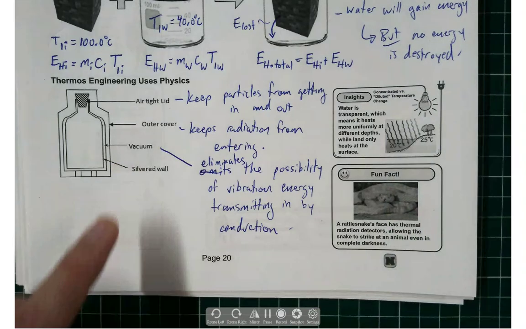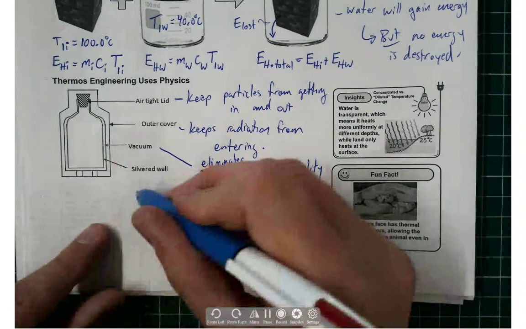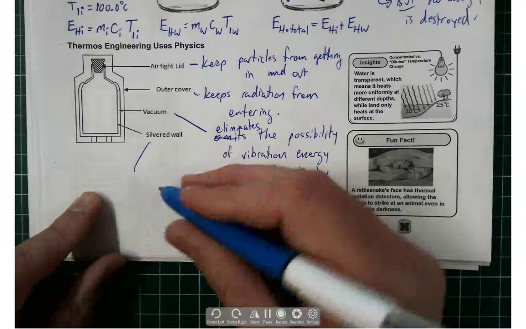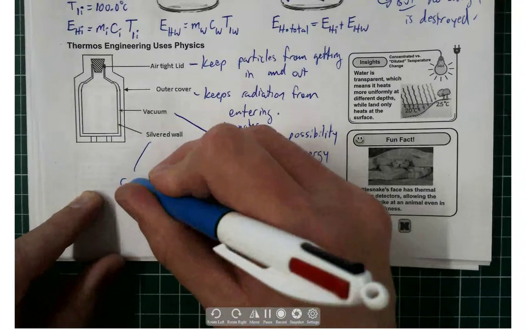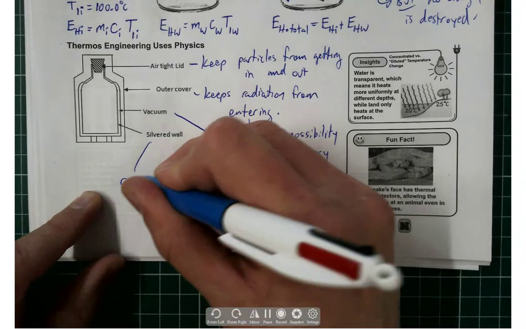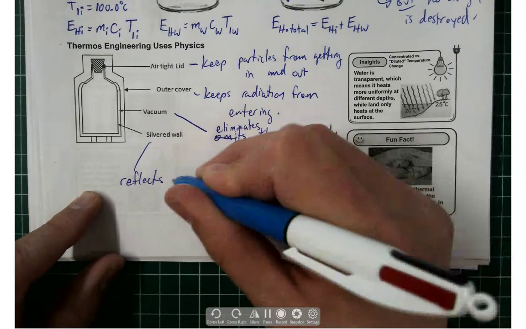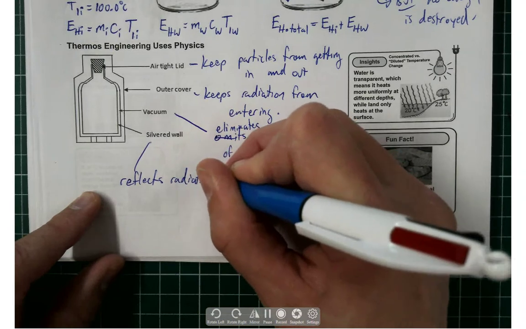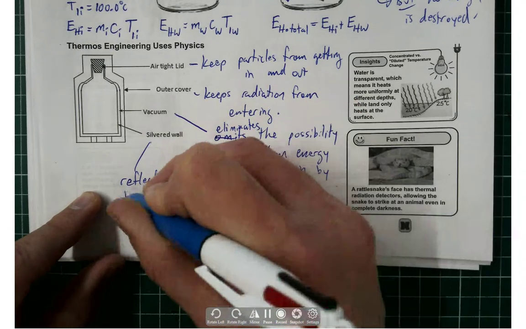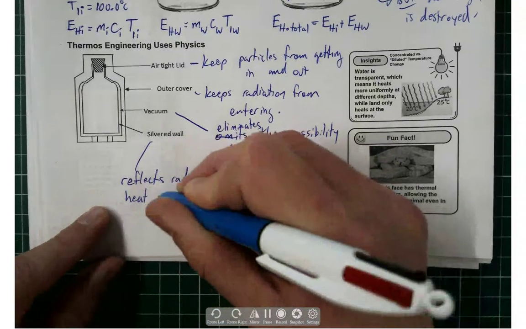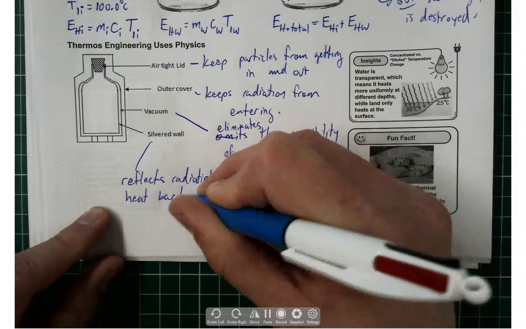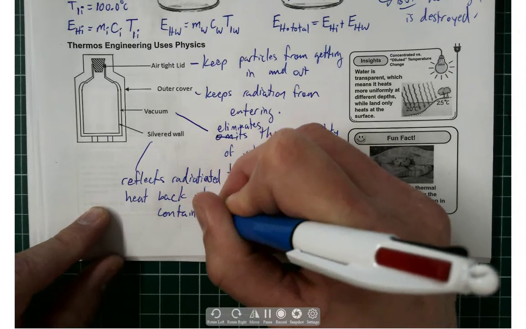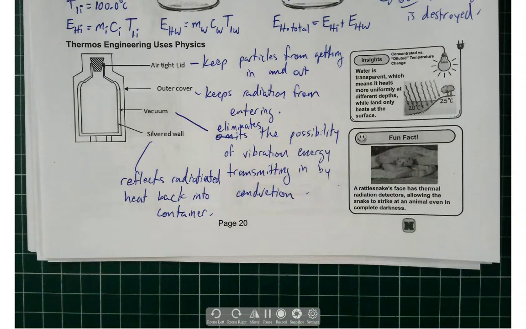And then a really good one will have an interior silvered layer that reflects radiated heat back into the container. That would be the ideal thermos.